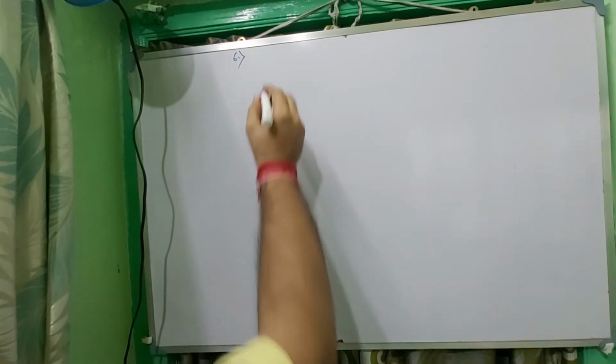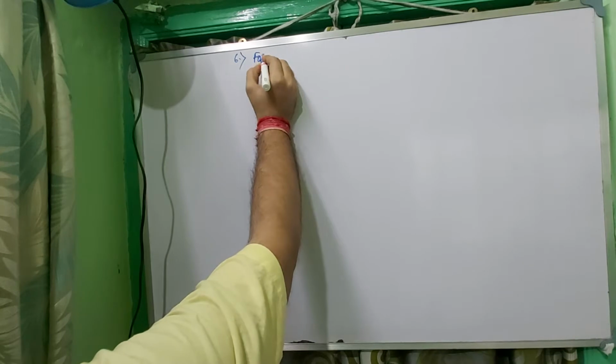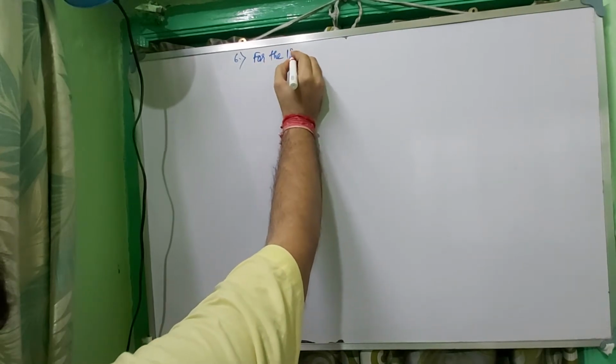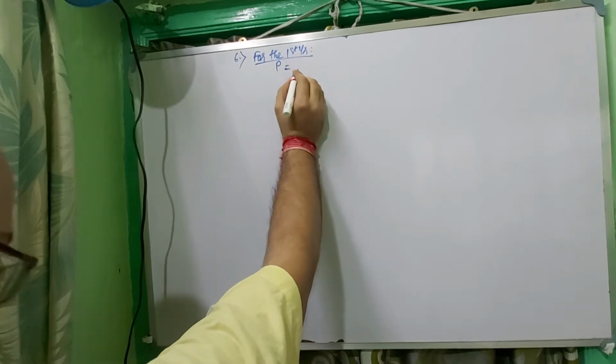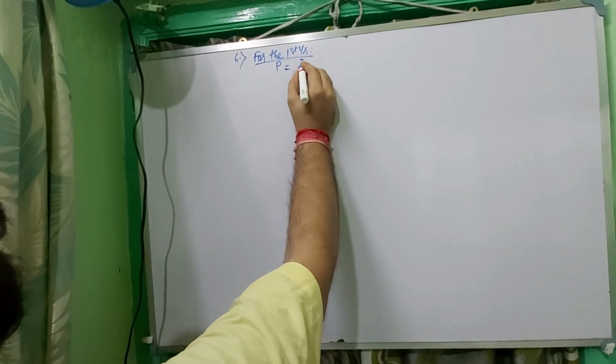I'll start with sum number 6. I think you all see that properly, right? For the first year, the principal is given, rupees 12,800.